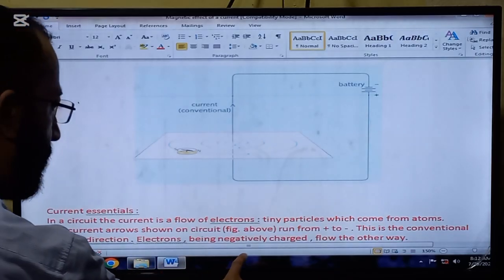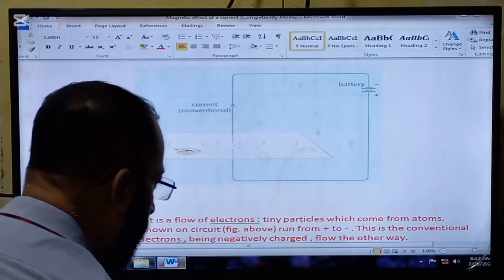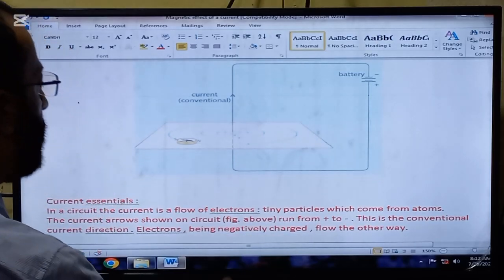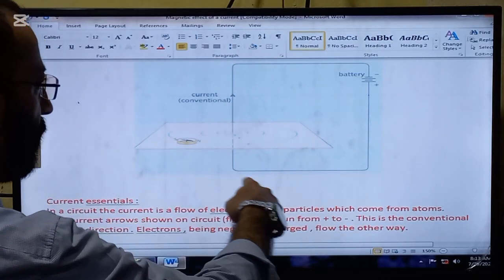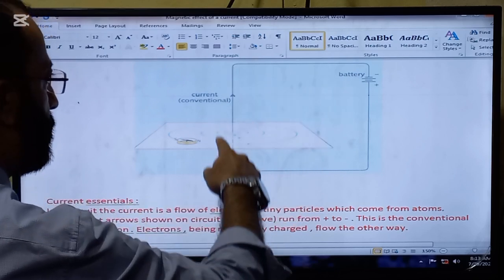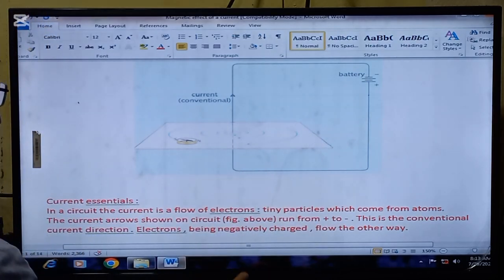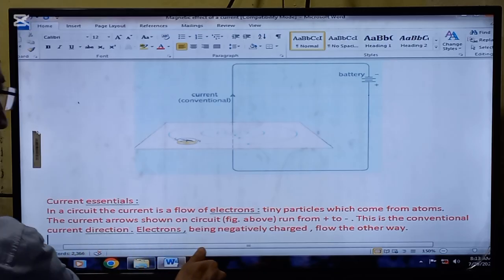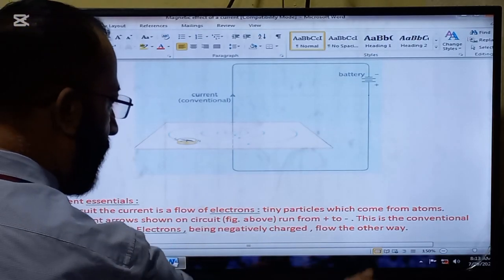Electrons, being negatively charged, flow the other way, from negative to positive. But as far as the conventional current is concerned, the current arrows run from positive to negative.